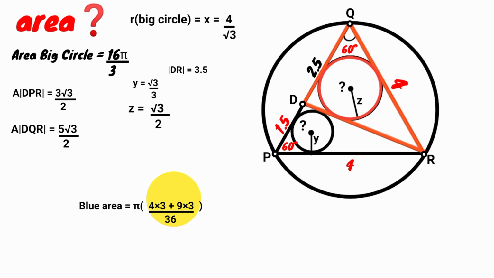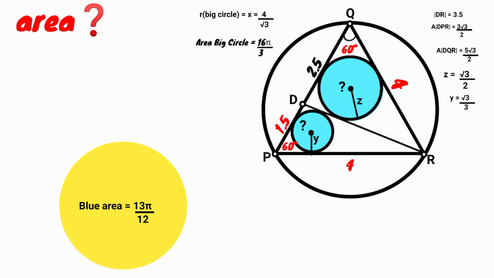Here 3 can be factored out. So it is 3 into bracket 4 plus 9. 4 plus 9 is 13. This 3 can go into this 36 12 times. Pi times 13 over 12 is 13 pi over 12. So blue area equal to 13 pi over 12.